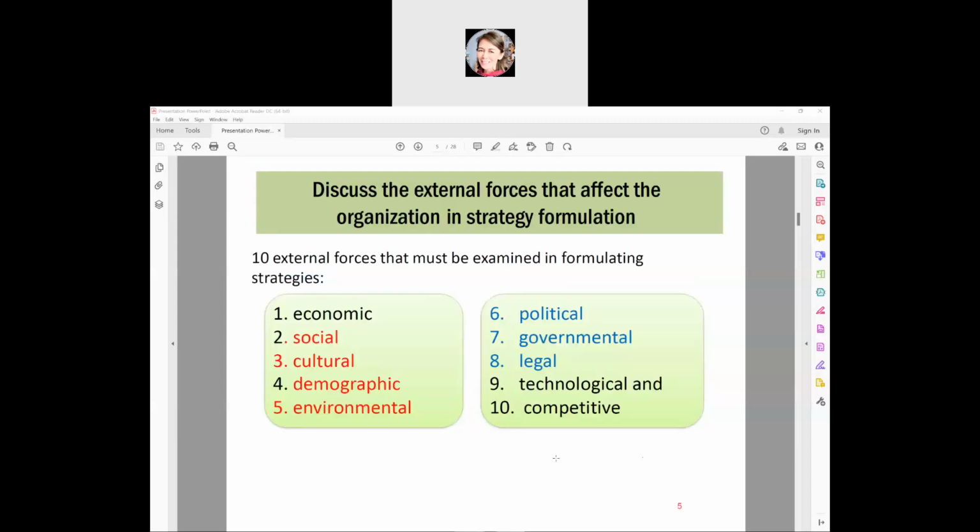In here, what happens is a company first and foremost would gather comparative intelligence and information about all these. There are 10 in here, right? All these are forces that are affecting the organization. Now, the mention of comparative intelligence.